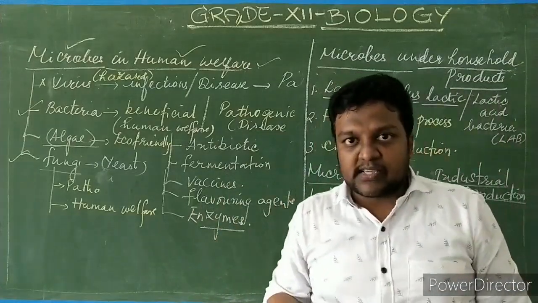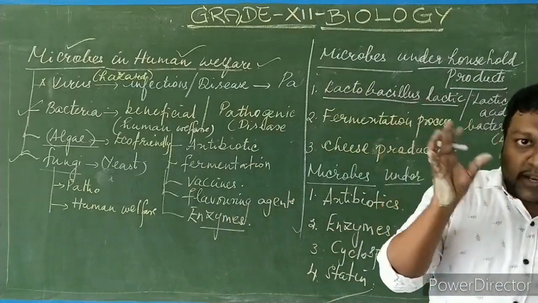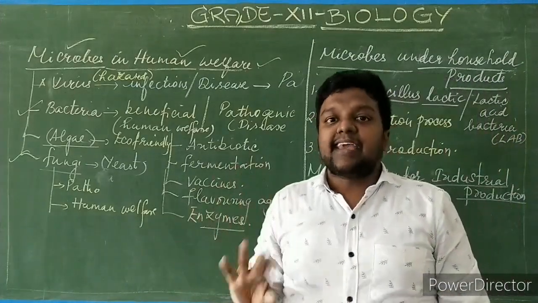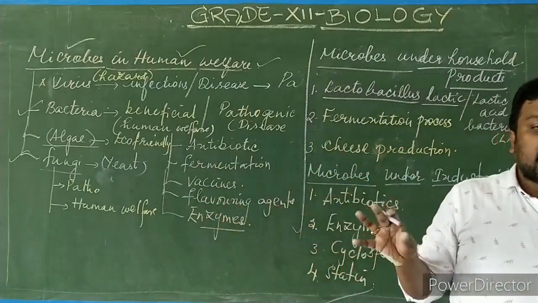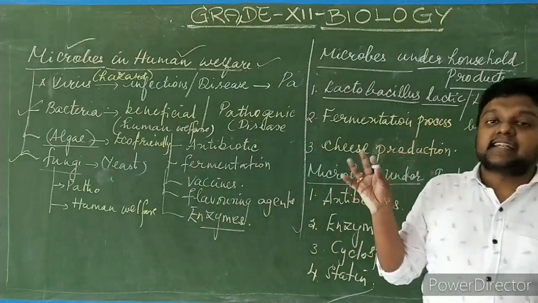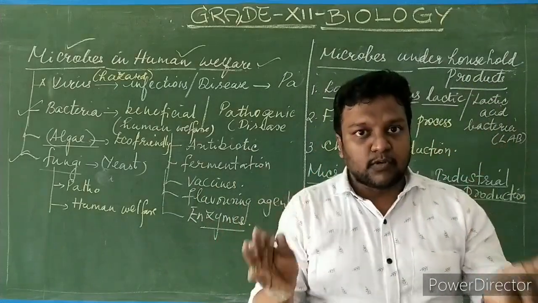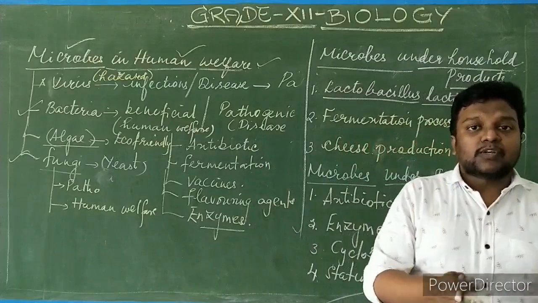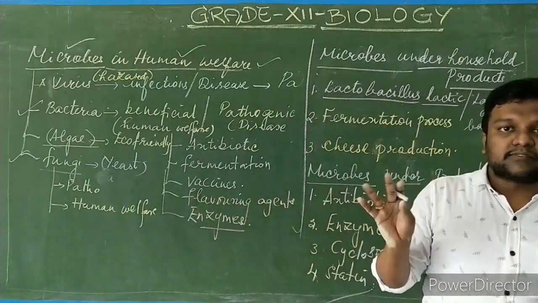What is an anaerobic process? Any process or metabolic activity which occurs in the absence of oxygen, we call it an anaerobic process. Here we need glucose, and the glucose will be metabolized to give rise to pyruvate, two molecules of a 3 carbon compound.